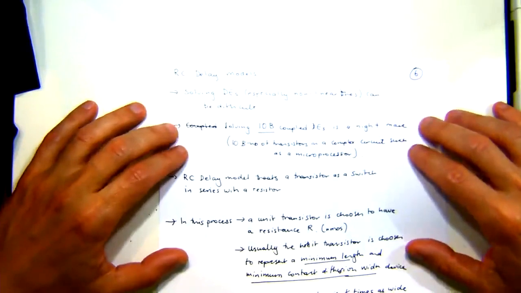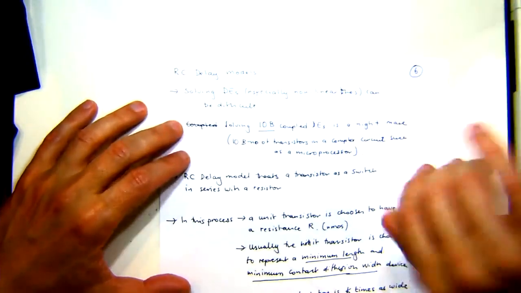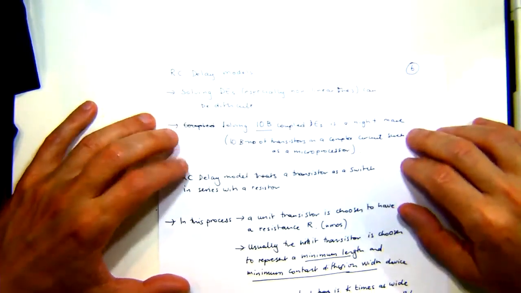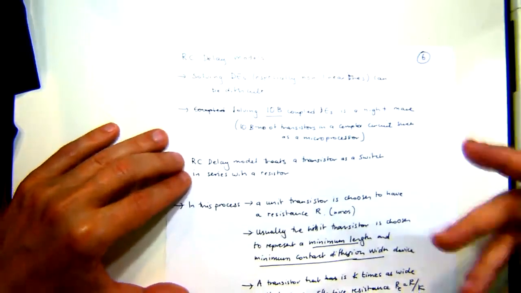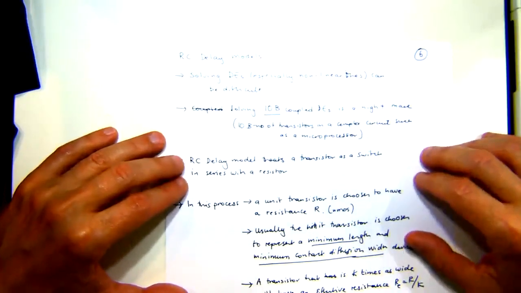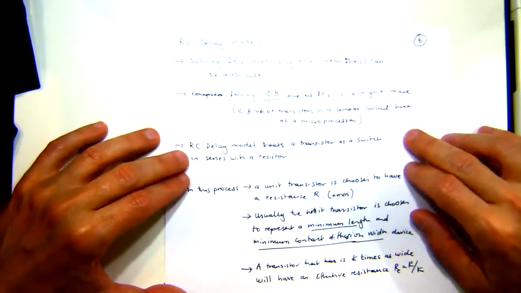So what we do, and what most tool vendors, for example Cadence or Synopsys, do, is they usually come up with some crude approximations in order to be able to work out the delay. And this is where we're going to talk more about this RC delay model.